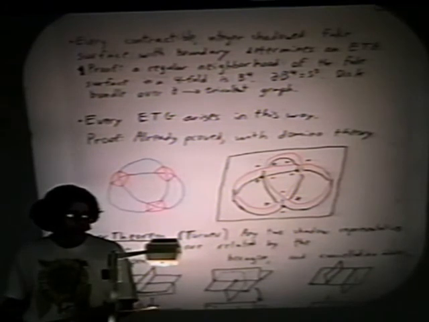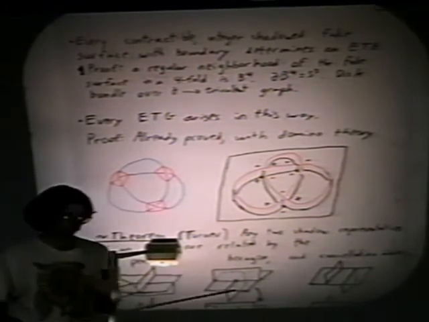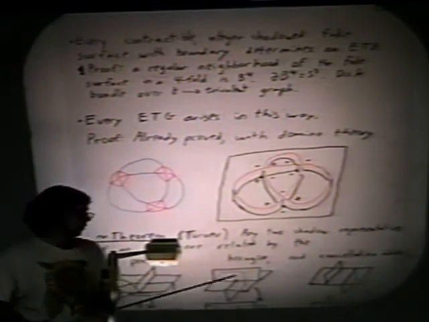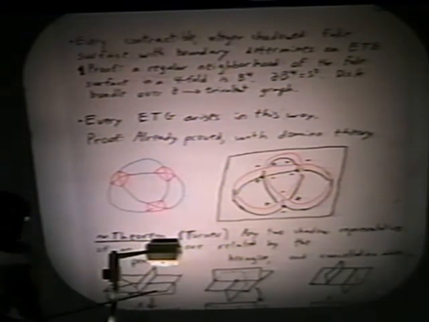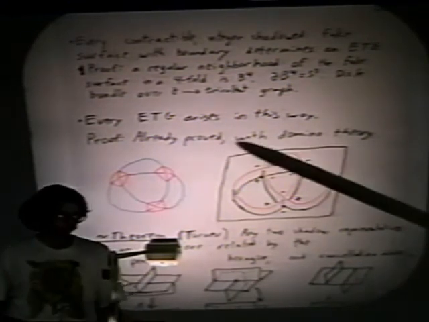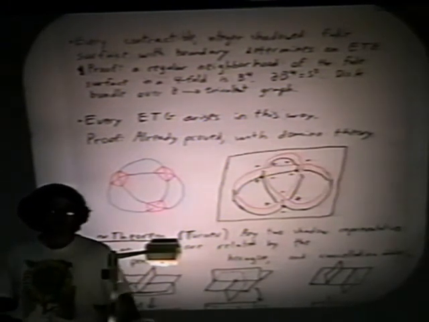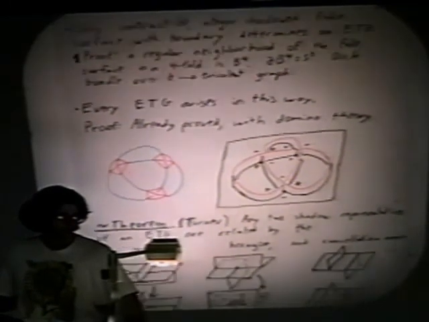Then because it's contractible, the regular neighborhood will be a 4-ball, and the boundary of the 4-ball will be a 3-sphere. And then by looking at what was happening to the boundary of your surface, you get a trivalent graph. So on the one hand, we get embedded trivalent graphs this way. On the other hand, we can get any trivalent graph this way.